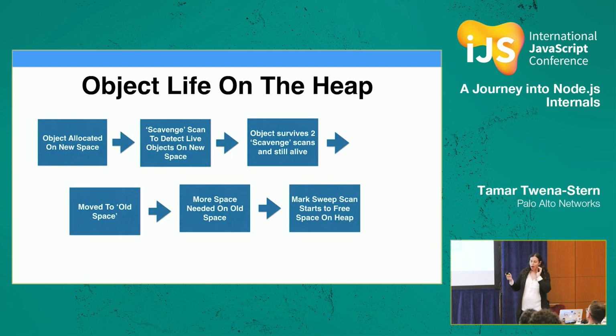An object allocated in the new space has to survive 2 scans of Scavenge, and when it survives 2 scans, it goes into the old space. In the old space, the mark sweep algorithm tries to release it.